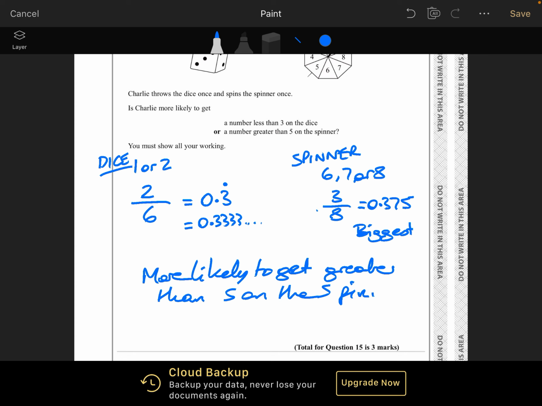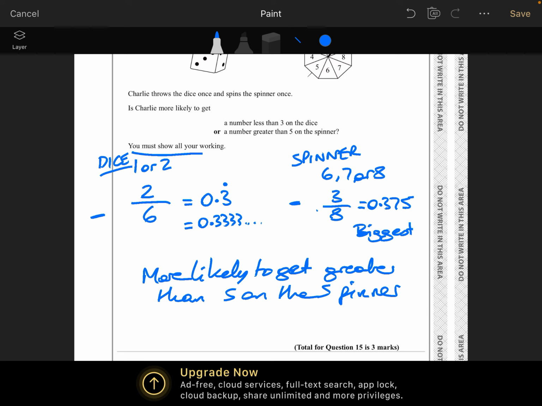So I've written that down really wordy to make absolutely certain that I've answered the question, but it does say you've got to show all your working, which we have done here and here.